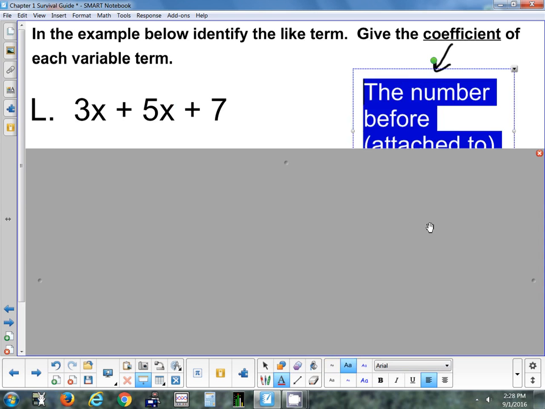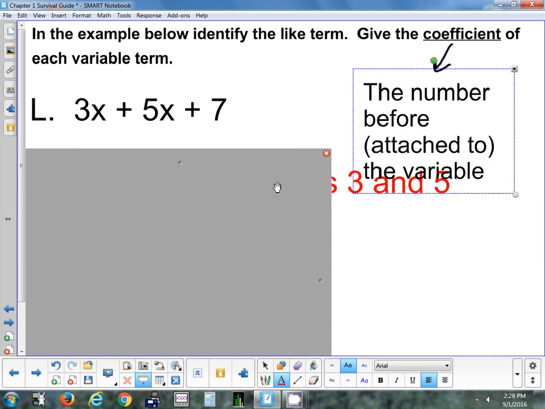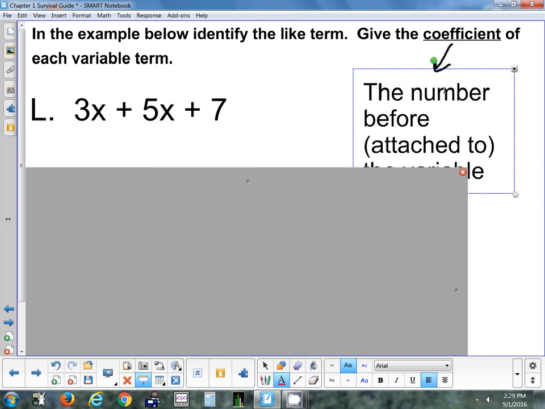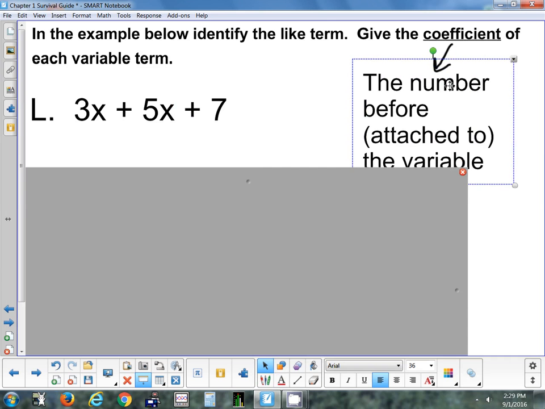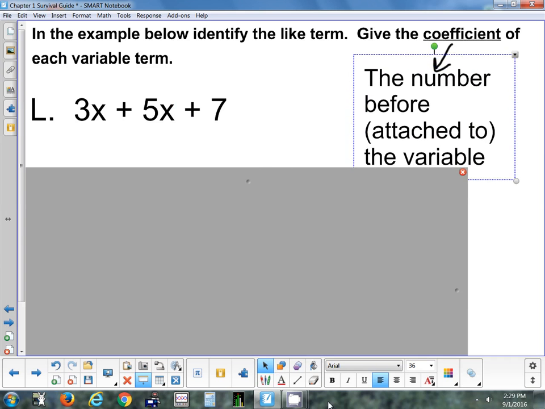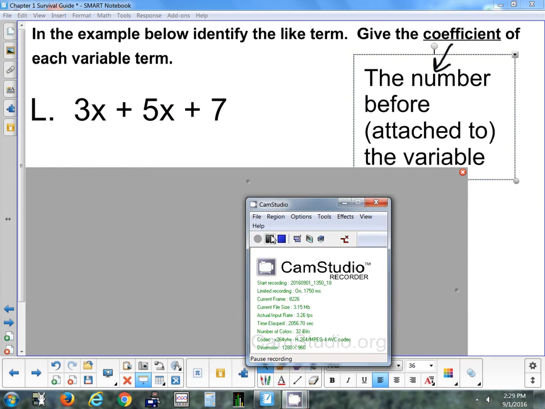All right, so take a second, and all we want you to do is identify the like terms and identify the coefficients. That's it. So it's a two-part answer.